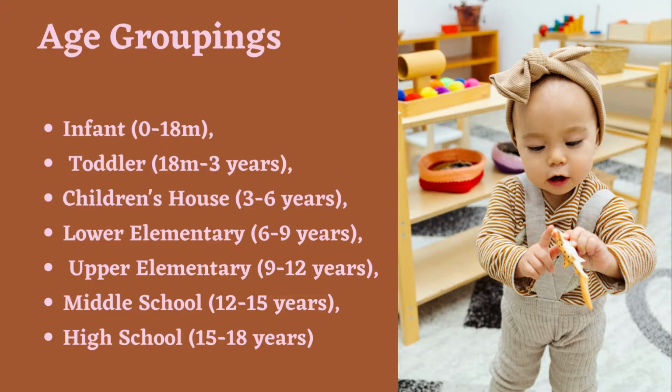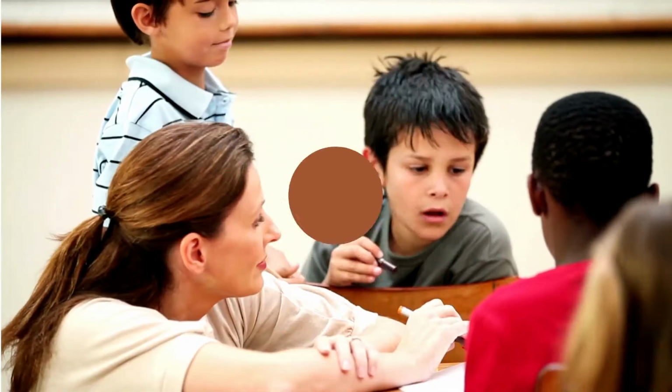You'll notice that starting at the age of 3, each age group spans a full 3 years. These age groupings also correspond with Montessori's planes of development.